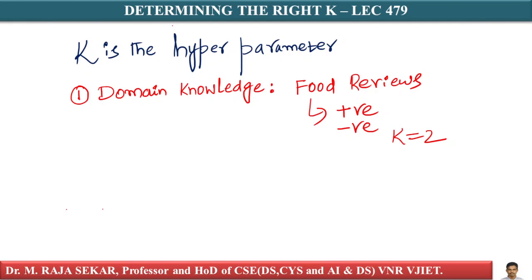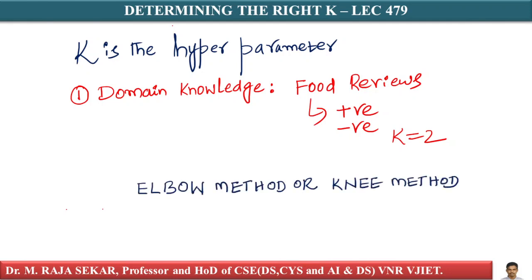But if you don't know what is the right k, maybe because you don't know exactly whether k has to be 2 or 3 or 4, etc., then we use a very simple technique called the elbow method.